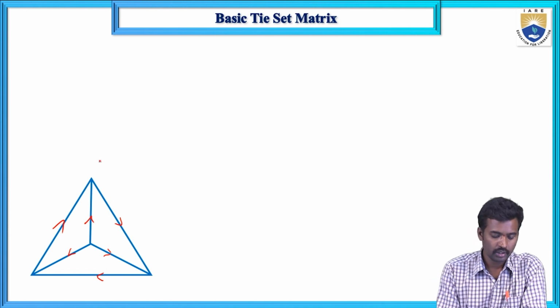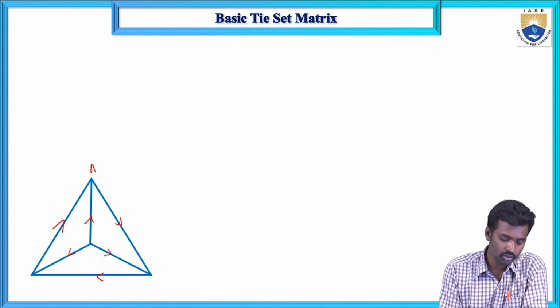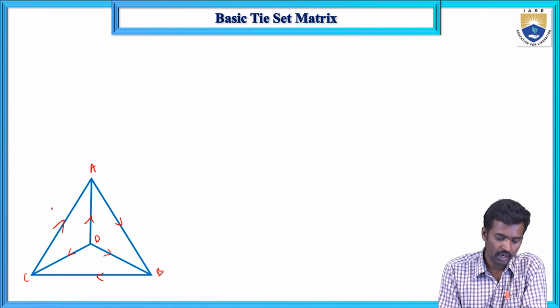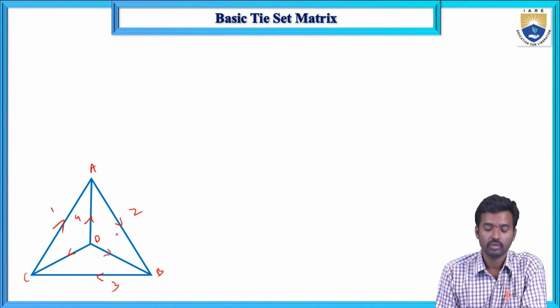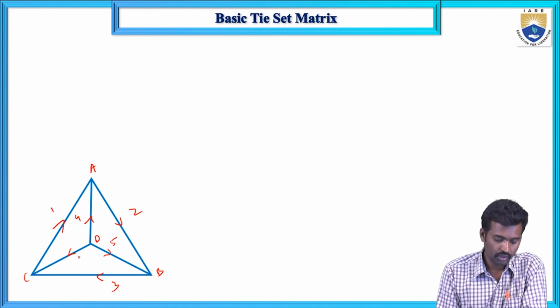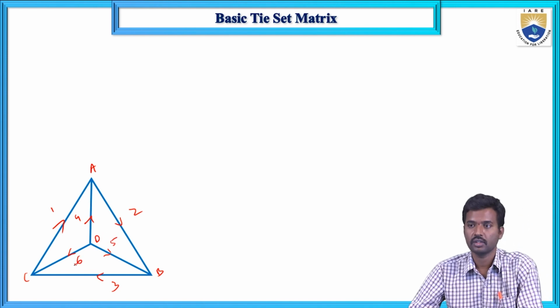Now here the nodes are A, B, C, and D, and the branches are 1, 2, 3, 4, 5, and 6.